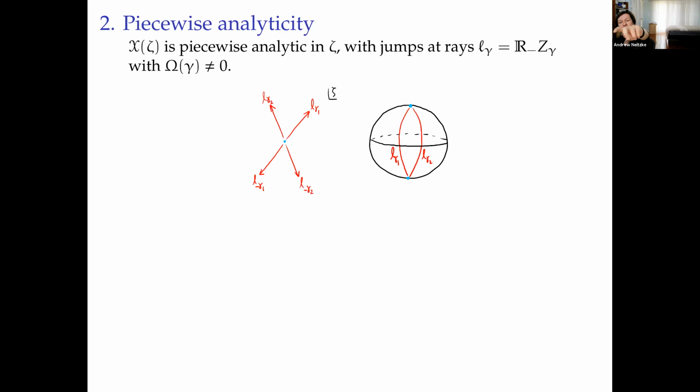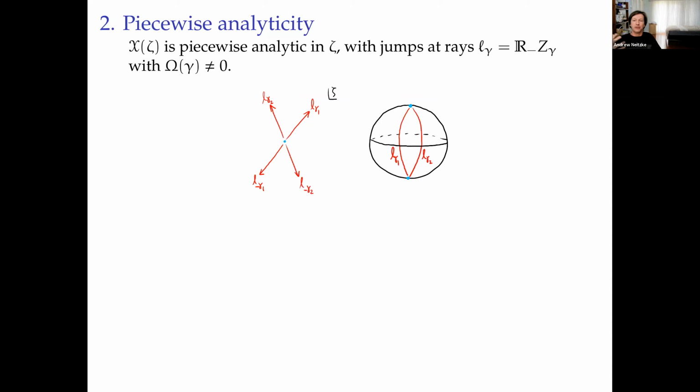And so I drew a picture of what it's supposed to look like in the zeta plane. So there are these domains separated by rays going from 0 to infinity. And there's one ray, roughly speaking, for each BPS particle. The rays are labeled by the gammas for which omega of gamma is not equal to 0.